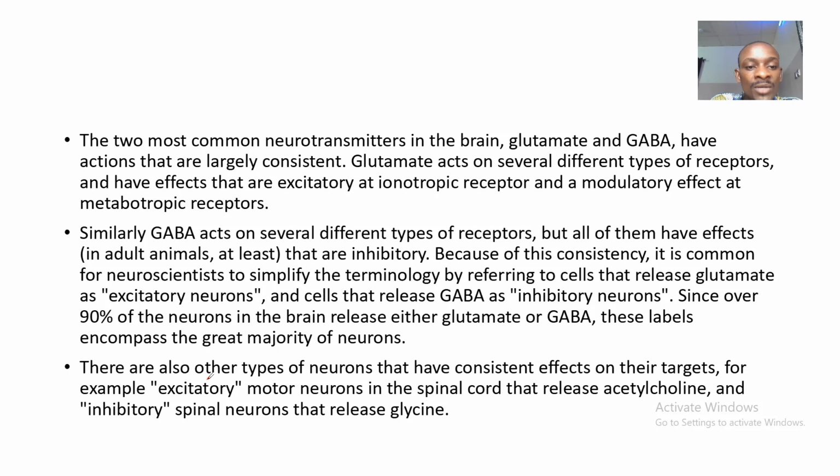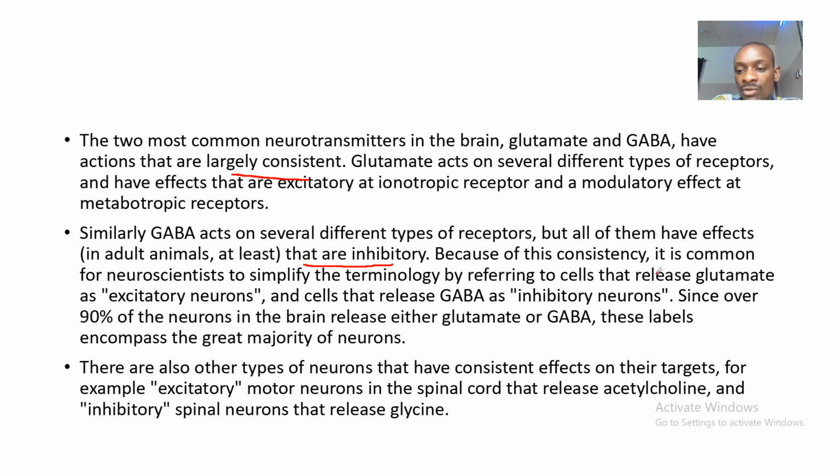Okay, so the two most common neurotransmitters in the brain are glutamate and GABA, and their actions are largely consistent. Glutamate acts on several different types of receptors and has effects that are excitatory at ionotropic receptors and modulatory at metabotropic receptors. Similarly, GABA acts on several different types of receptors, but all of them have effects, in adult animals at least, that are inhibitory.